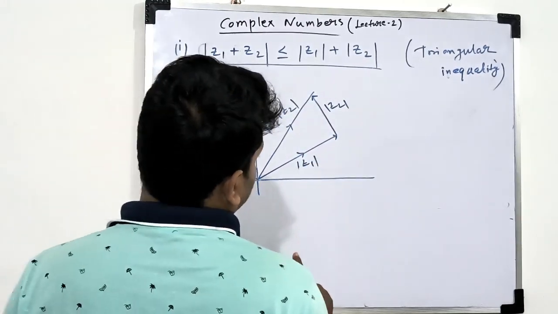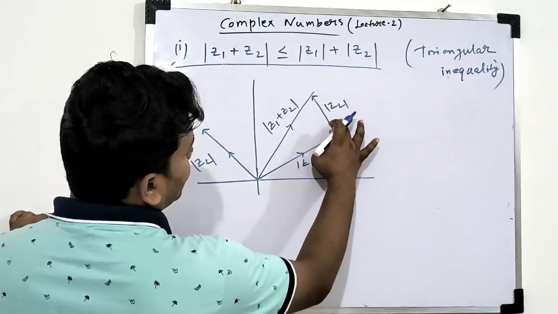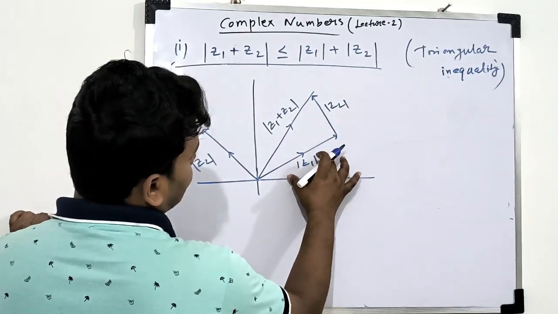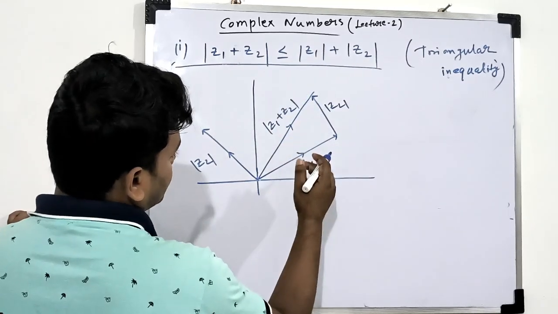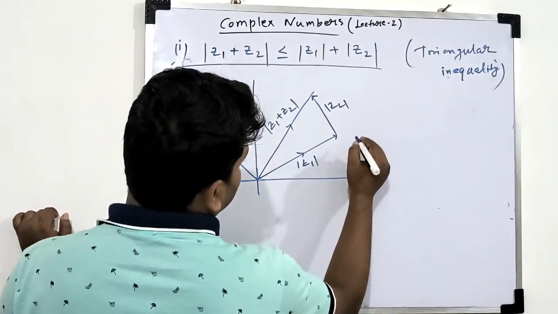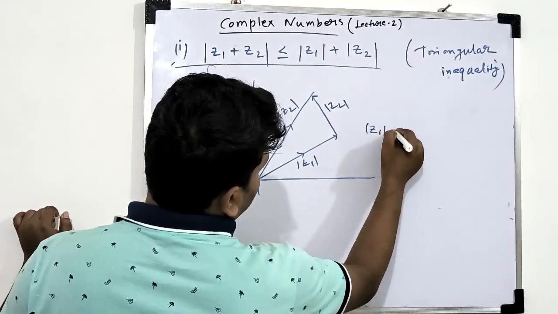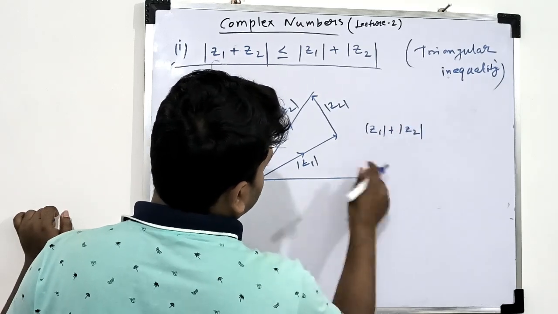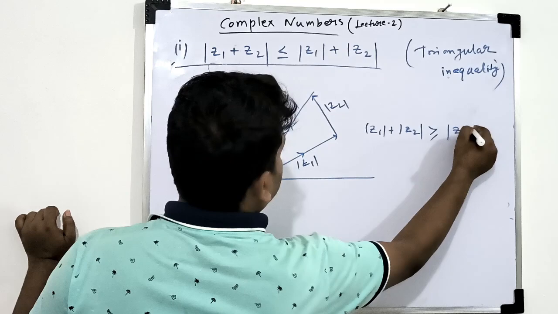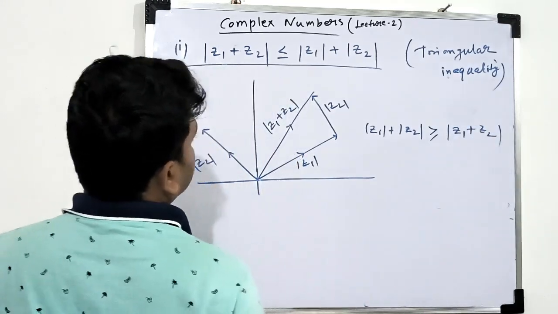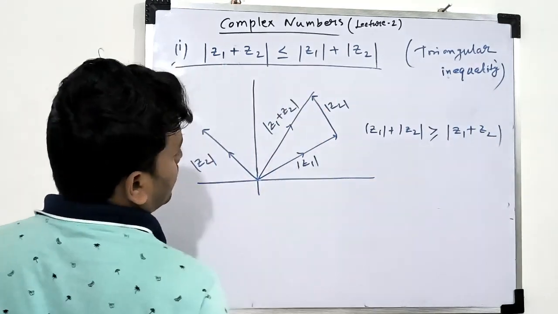As the sum of any two sides of a triangle is greater than or equal to the length of the third side, the sum of z1 and z2 is greater than or equal to the length of the third side.